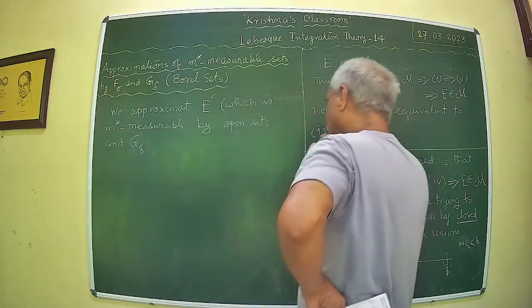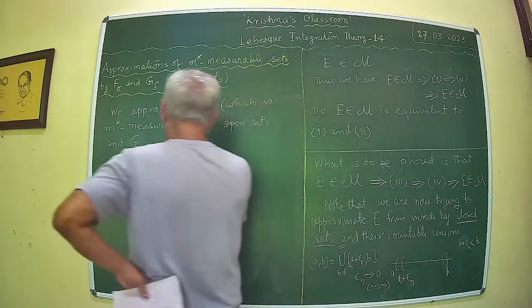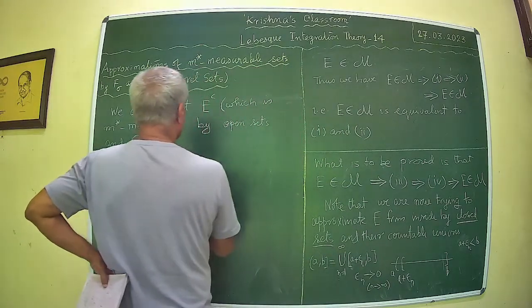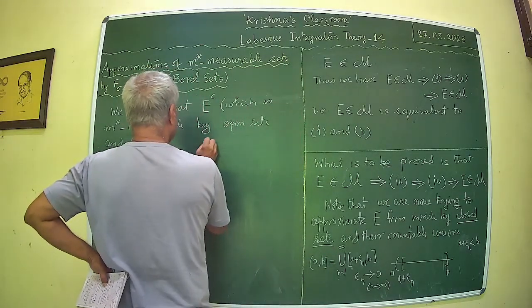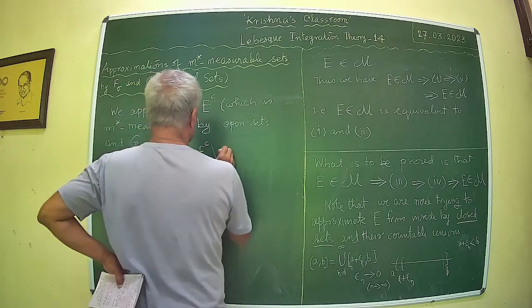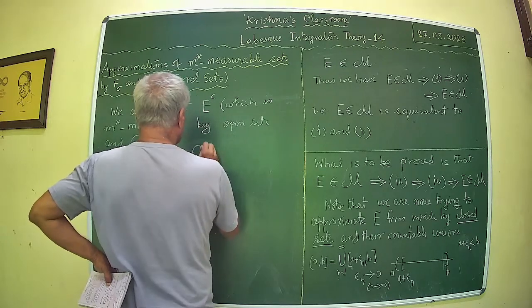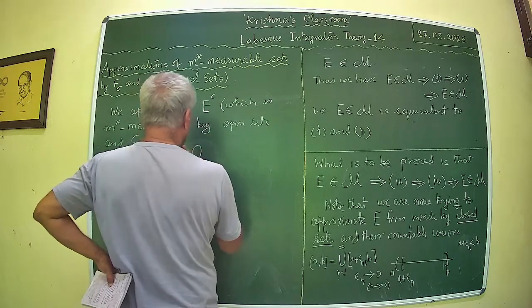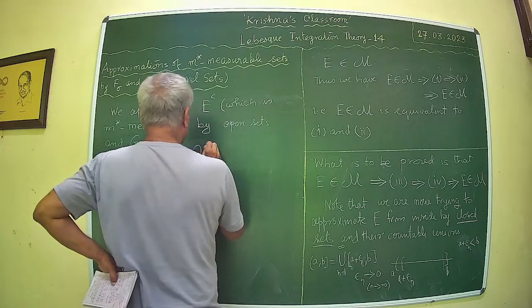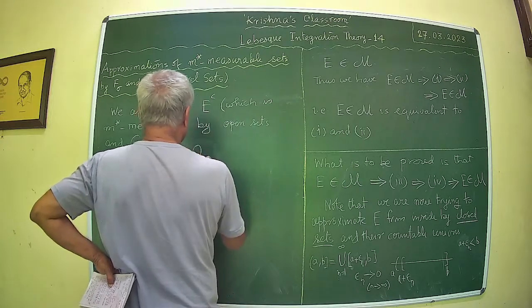So what you have is E complement slash O: you are approximating by an open set.